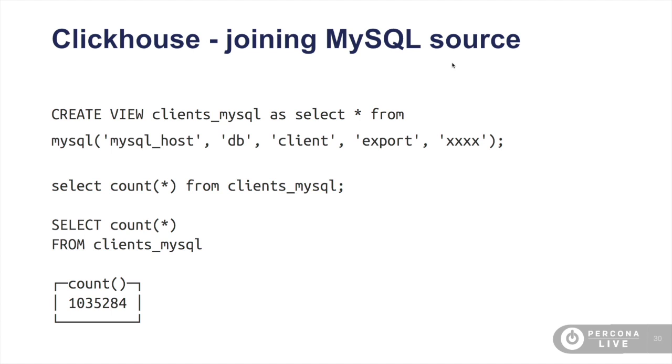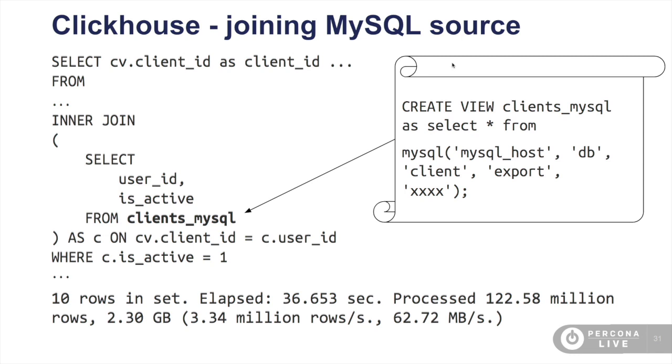To do that in ClickHouse, I can create a view, and this view will point to MySQL directly. So I can retrieve the data as if it is ClickHouse data, but it's really MySQL data. Now I can join this to my original query, joining the clients MySQL view, and it will go to MySQL, retrieve this data, and exclude all the clients that I don't want to include in my report.